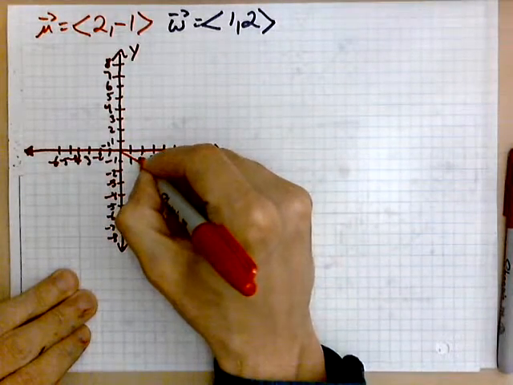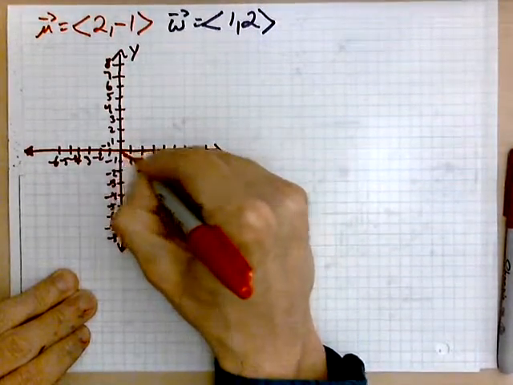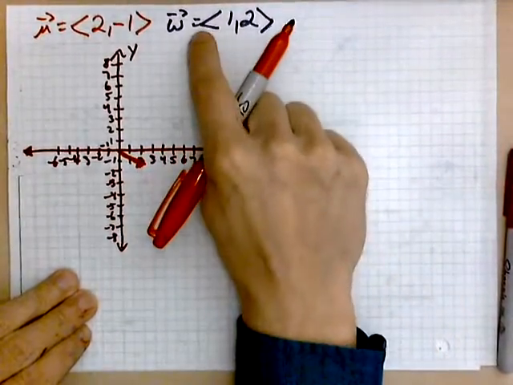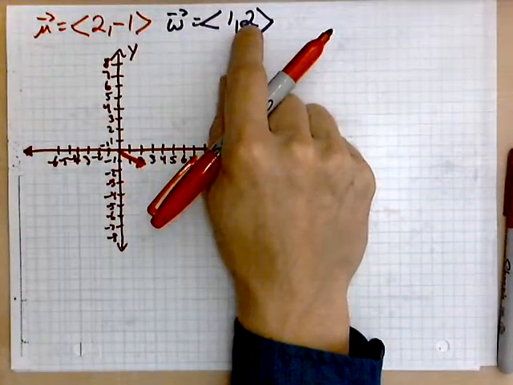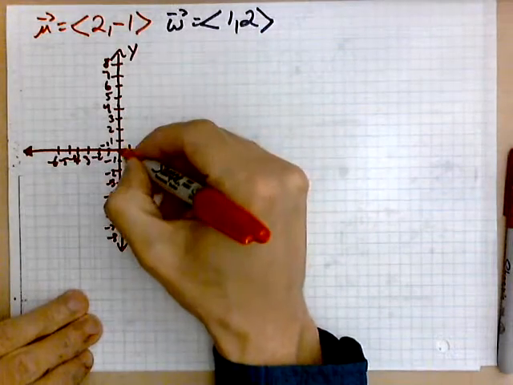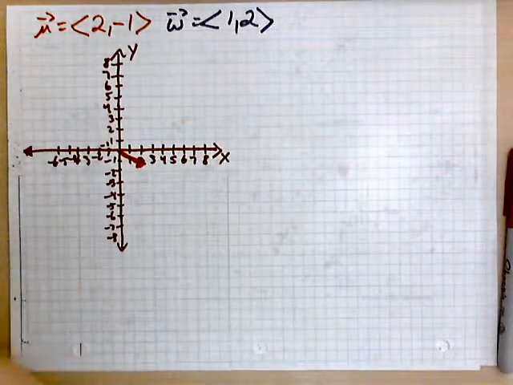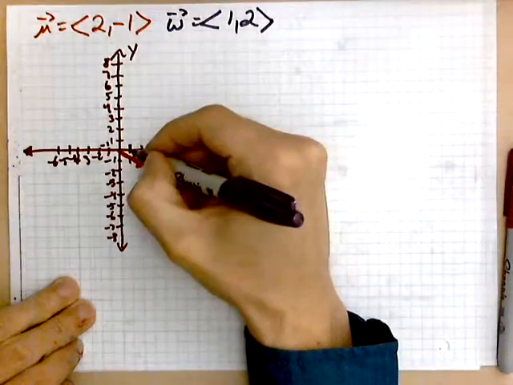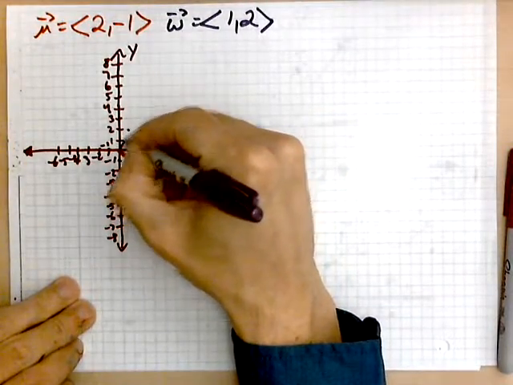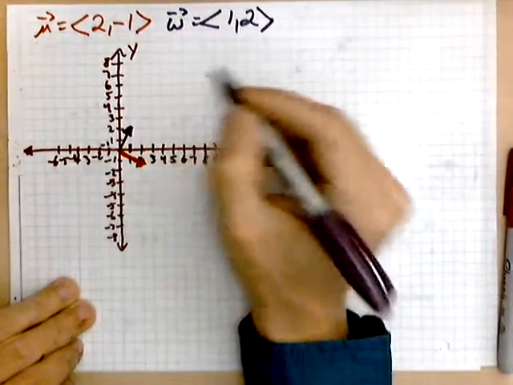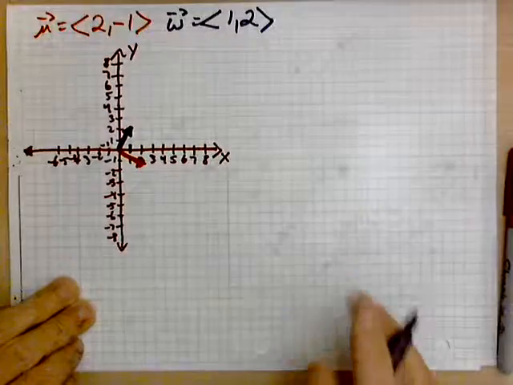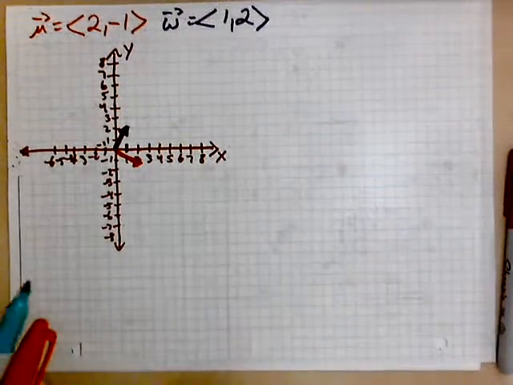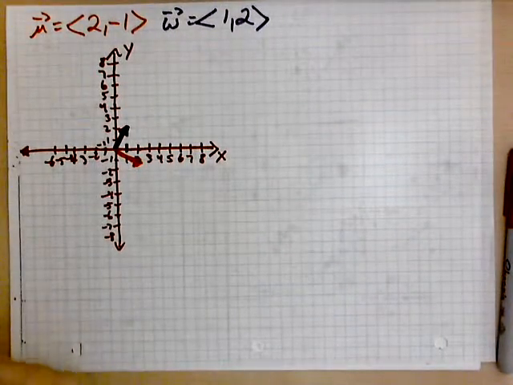So here is u. Let's mark vector w. It's got a y component of 2 and an x component of 1. So 1 to the right and 2 up. So it looks like this. These are our two vectors, u and w.